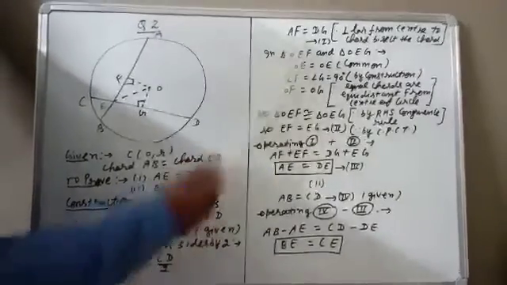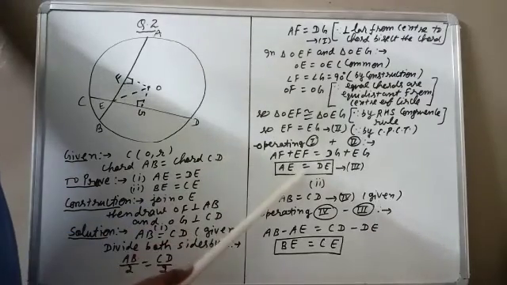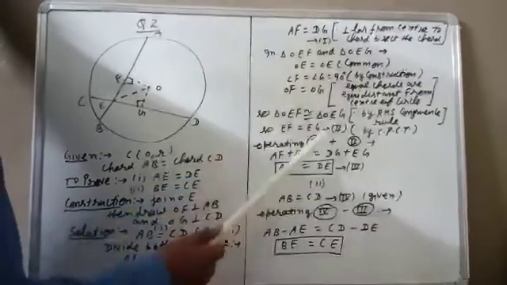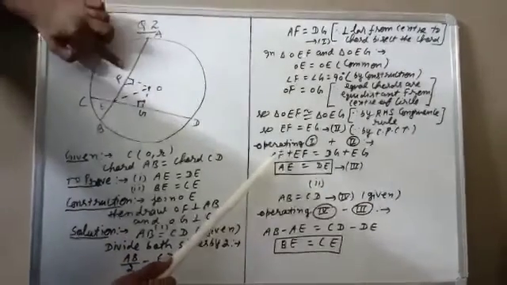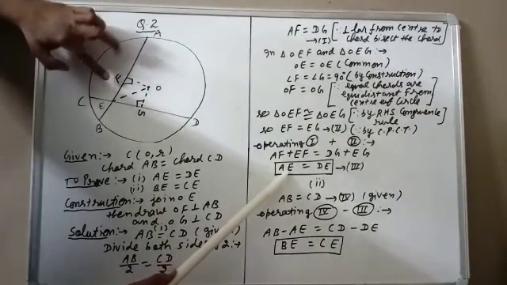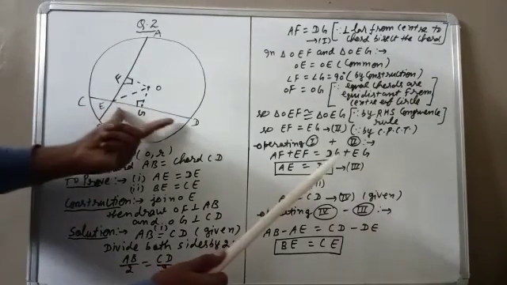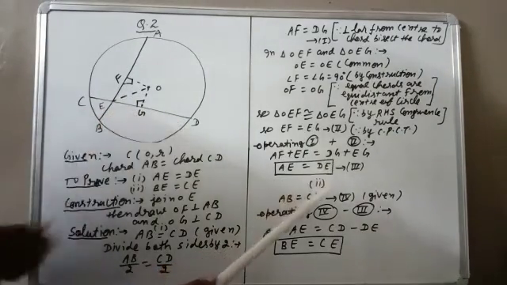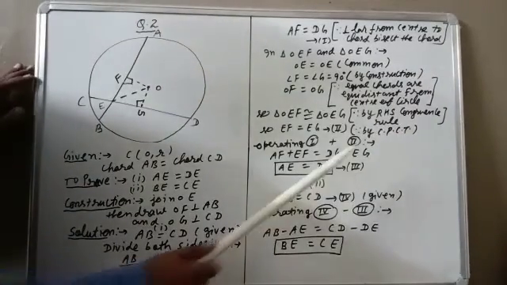This is equation first and this is equation second. We will add these two equations. Operating first plus second, AF will be added to EF, then DG will be added to EG. Here this is AF and this is EF, combinedly we can write AE. Then here this is DG, this is EG, combinedly we can write DE. So the first part is complete. Let this be equation number third.